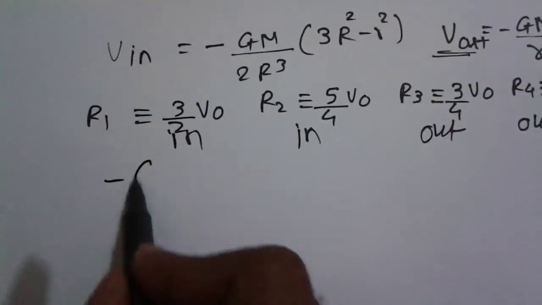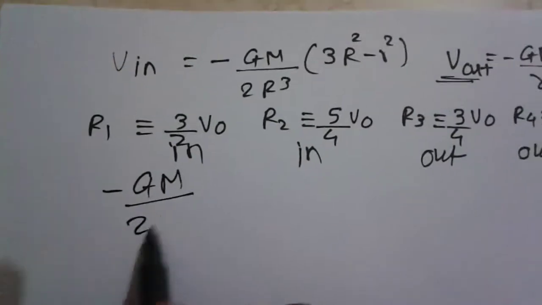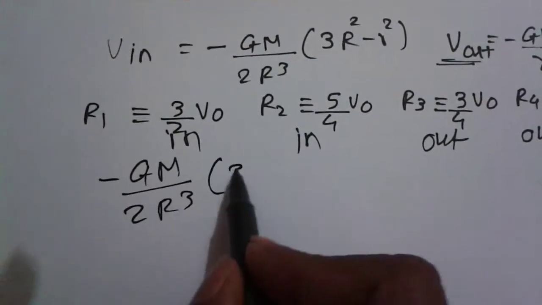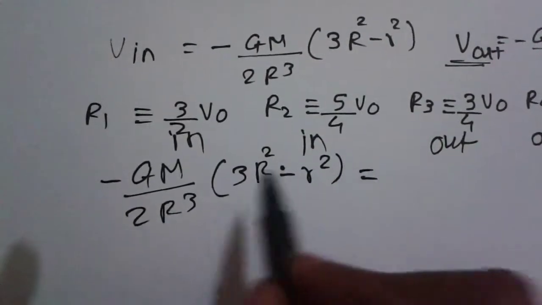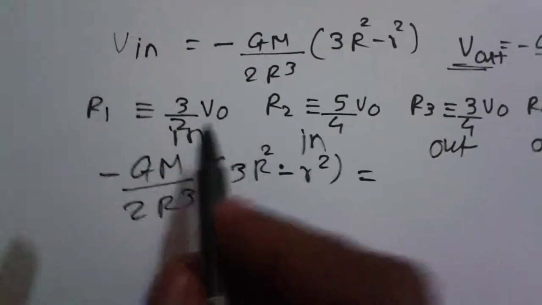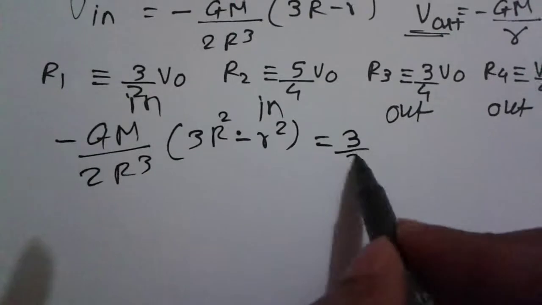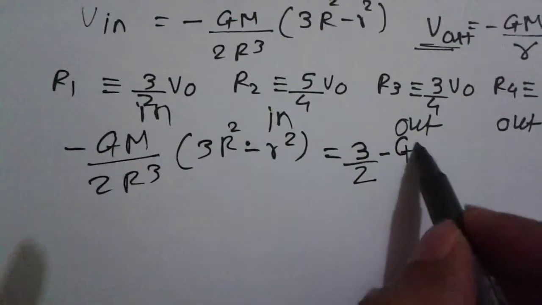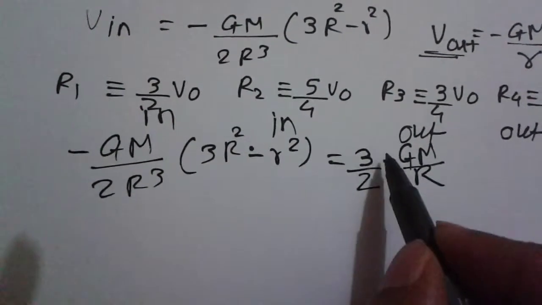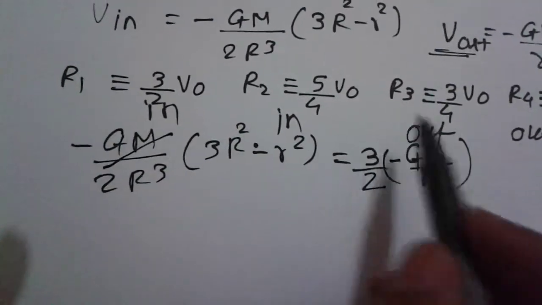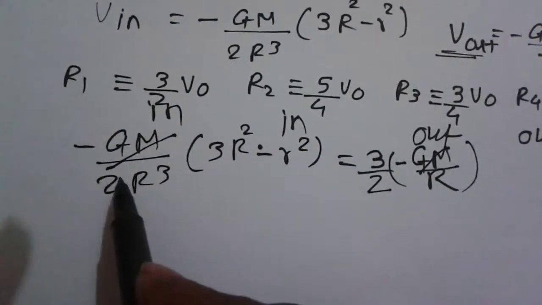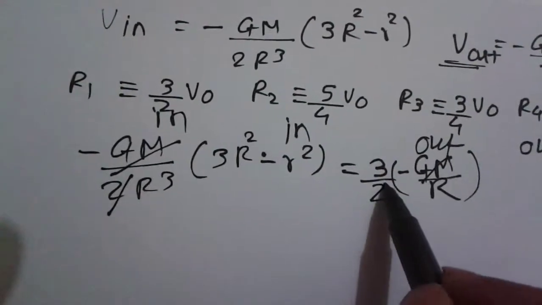In this formula, let us equate minus GM upon 2R cube into 3R square minus r square. This is equal to 3/2 times V0, and V0 is on the surface, that is minus GM upon R. Let us cancel GM on both the sides. Let us cancel 2 here.